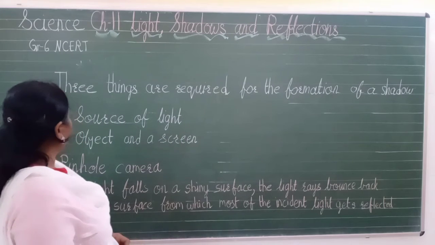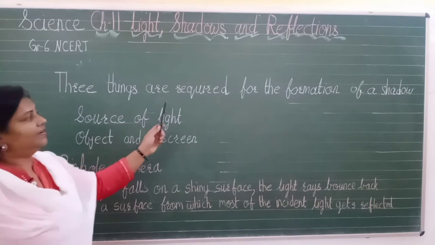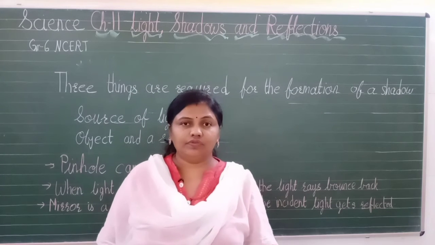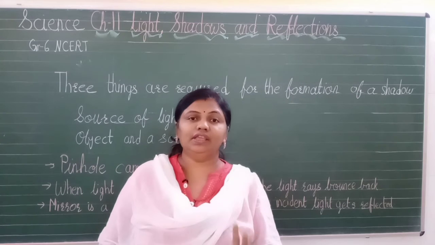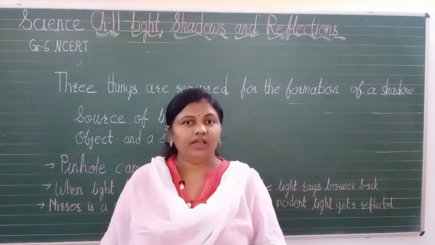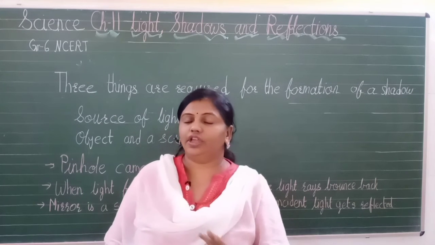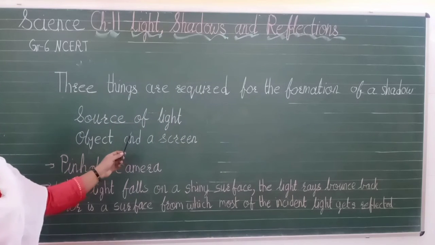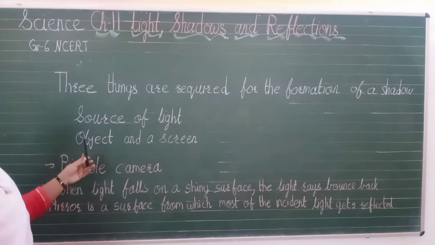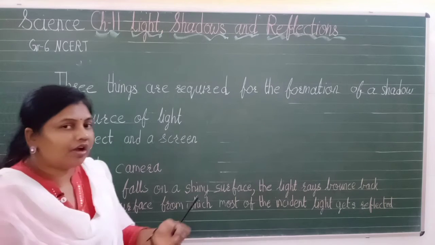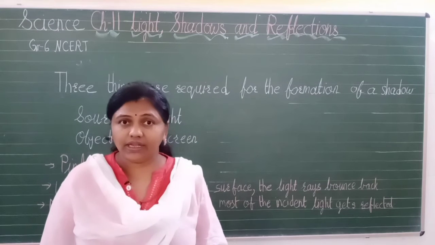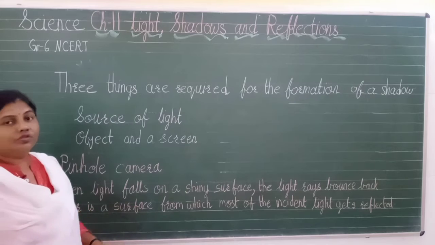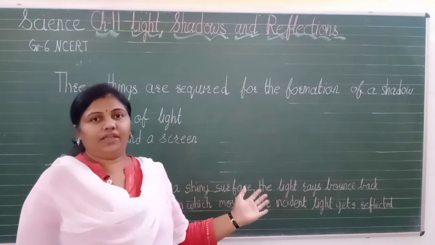Now, three things are required for the formation of a shadow. Without these three things, a shadow cannot be formed. What are the three things? Source of light: first of all, light should be there. Secondly, an object; without any object there couldn't be any kind of shadow. And third is a screen; we need something where the shadow falls.